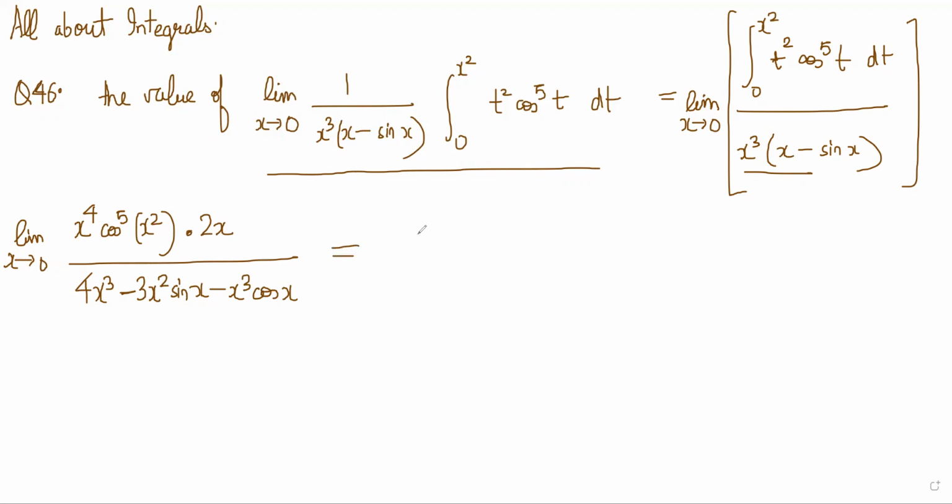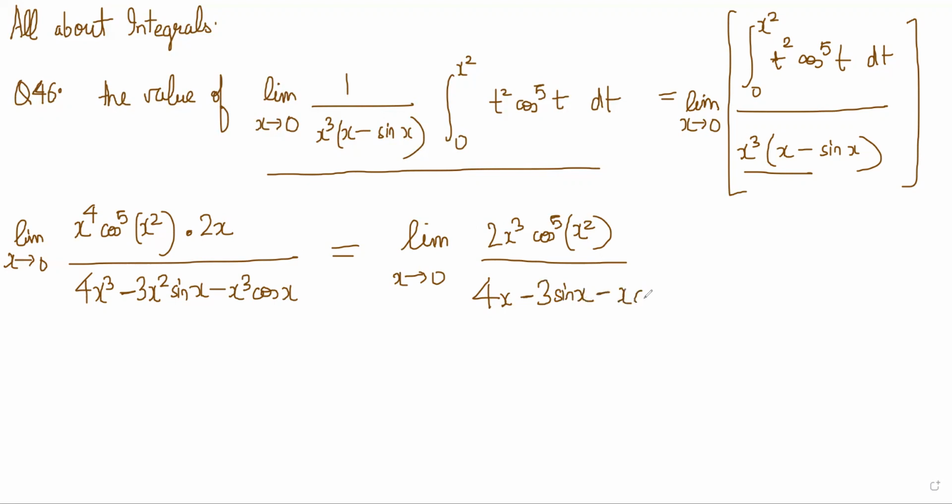So clearly we can cancel an x square up and down, and this will become x square into 2x. So this is 2x cube cos power 5 x square divided by 4x minus 3 sine x minus x cos x, right? This is the expression here.